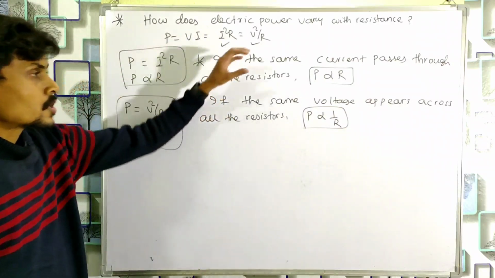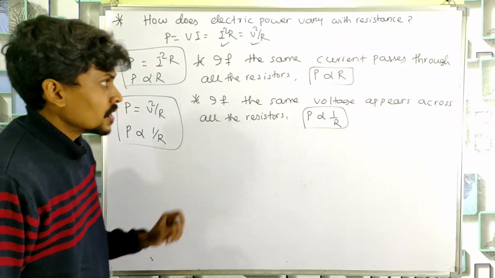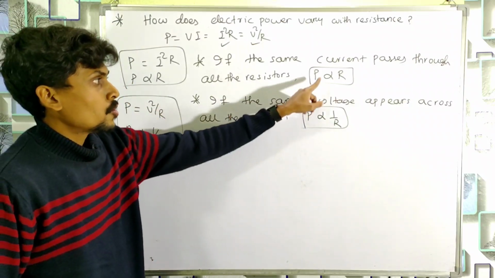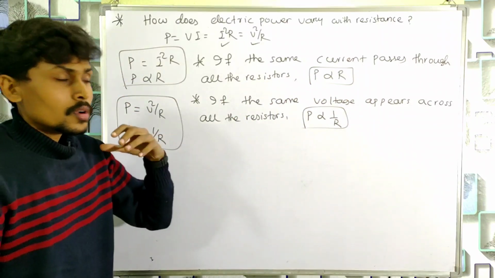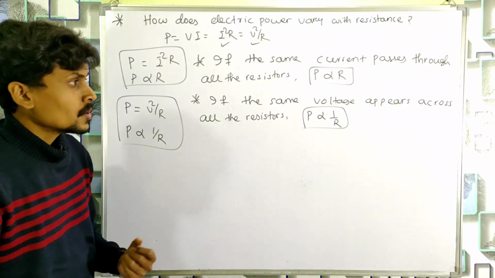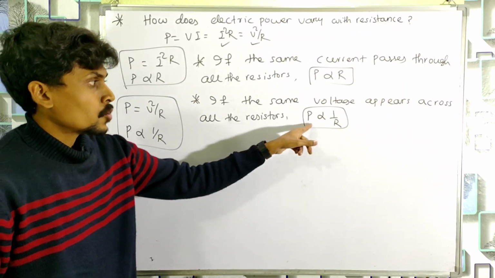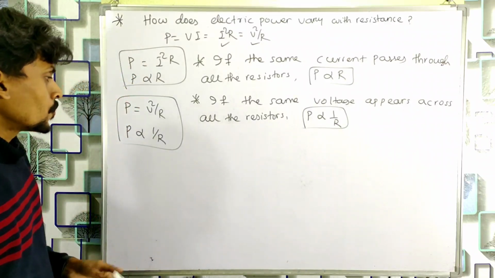So these are the two conditions. जदि सबु रेजिस्टर रे सेम करंट पास करूची, then in that case power will be directly proportional to resistance. किंतु जदि सबु रेजिस्टर रे सेम वोल्टेज appear होची बा डेवलप होची, तो से केस रे कोन हबो, power will be inversely proportional to resistance. I will show you with a proof.